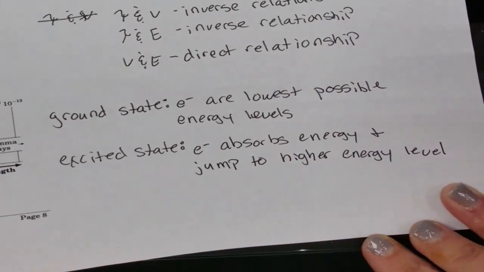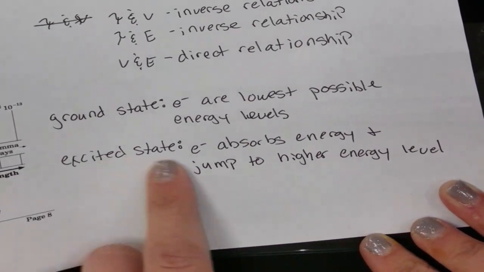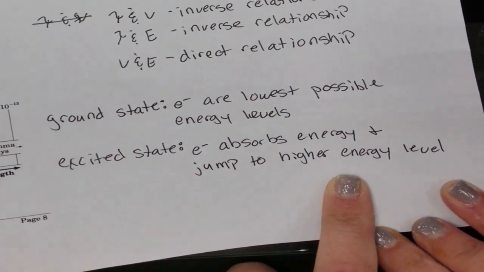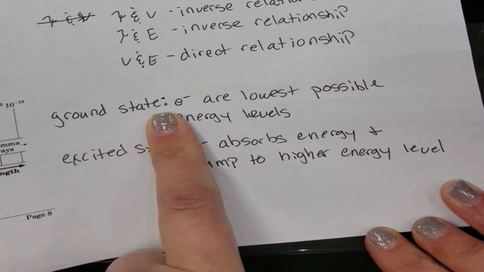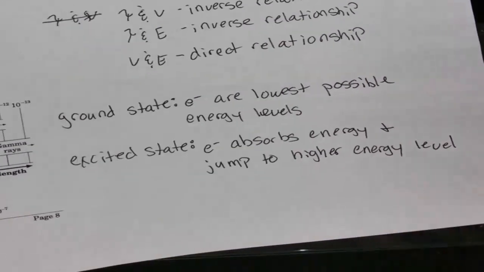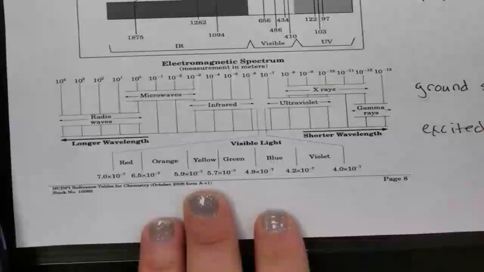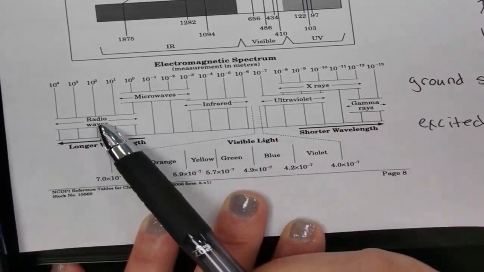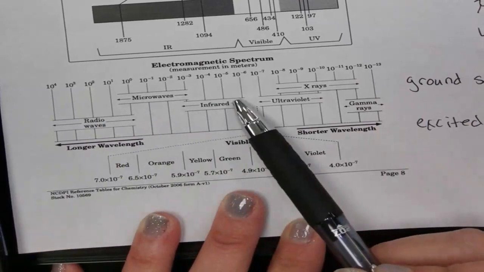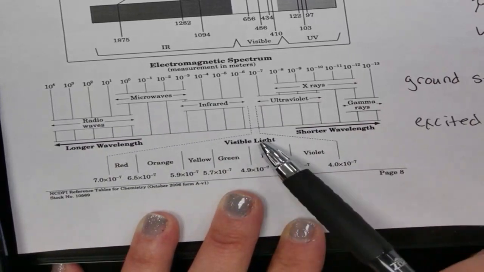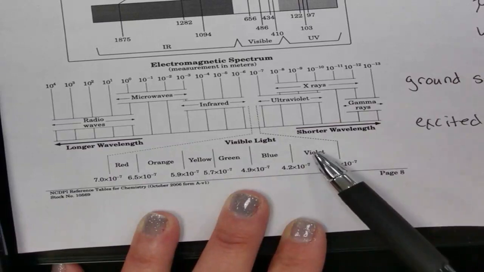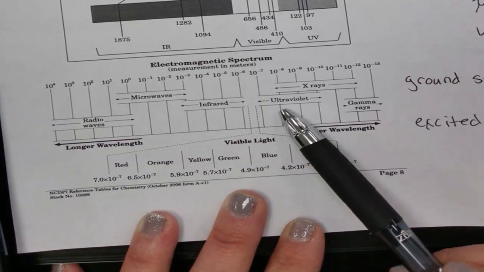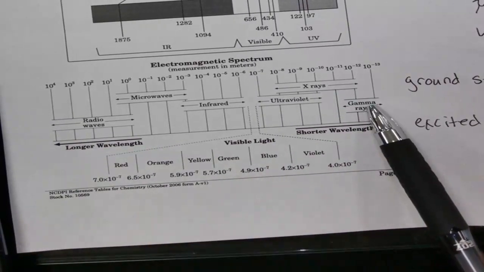Now, what goes up must come down. So when the electron jumps up to a higher energy level, it must fall back down to ground state. When the electron falls back to ground state, that is our electromagnetic spectrum. And the radio waves, microwaves, infrared, here's our visible light with the red and blue wavelengths like we just looked at, UV, X-rays, and gamma rays.